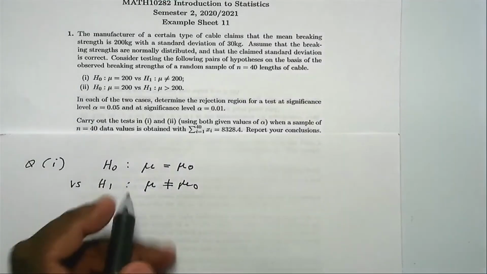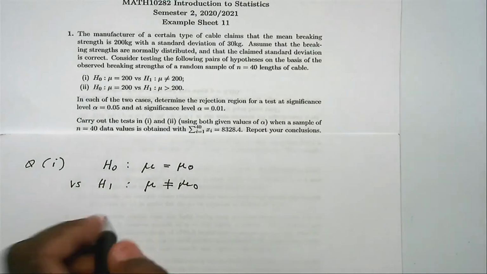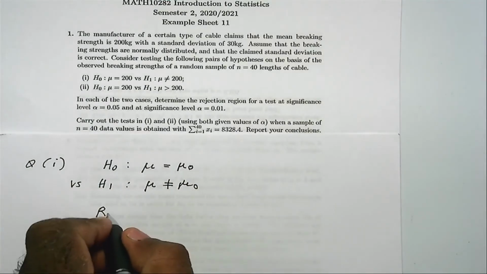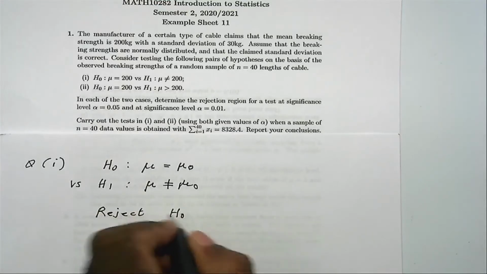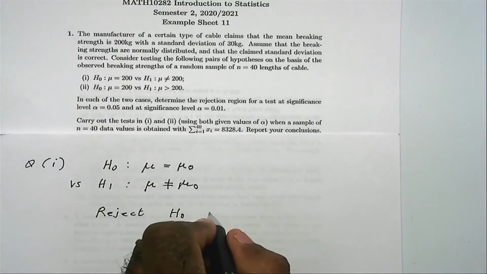The rule for rejecting the null hypothesis in favor of the alternative is the following.